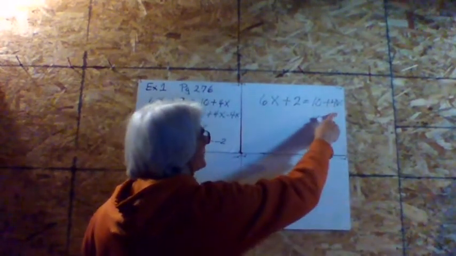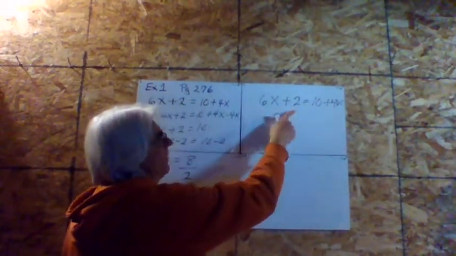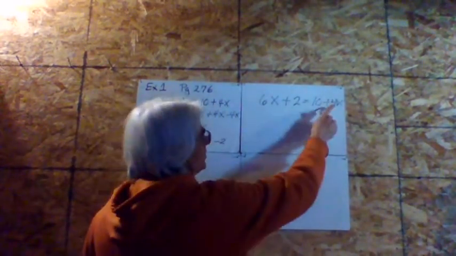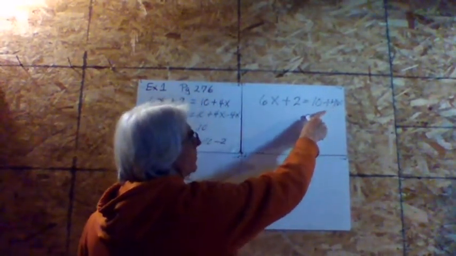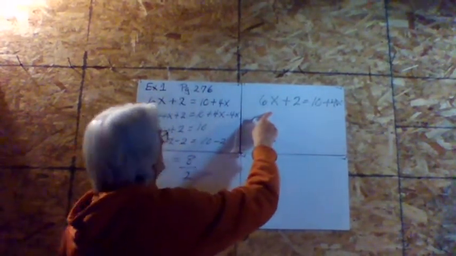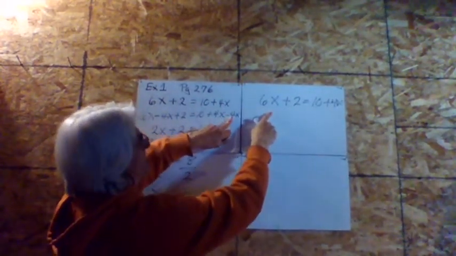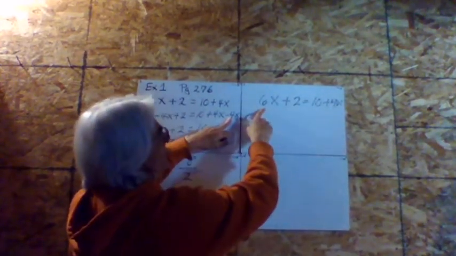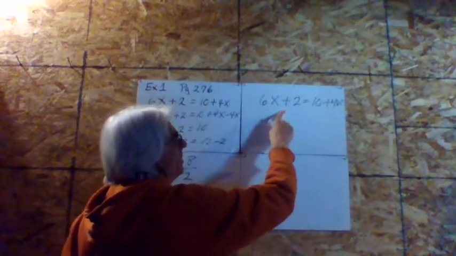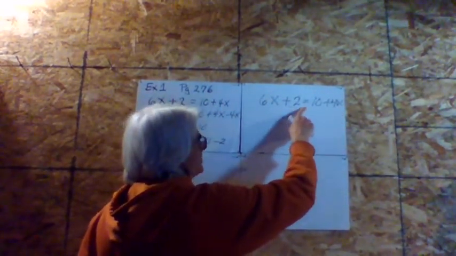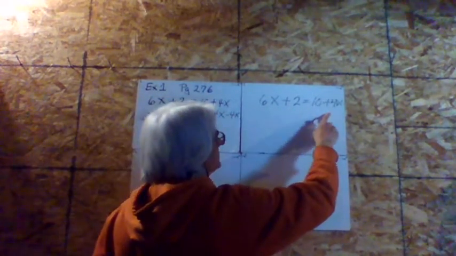I want that 4x over here with that 6x. I want that 2 over there with that 10. When that 4x crosses the equal sign, it becomes a minus. Remember, that's what we did over here. We subtracted 4x. So I just move it over and say it'll be a minus. The plus 2, I'm going to move over to the right-hand side. When it crosses the equal sign, it becomes a minus 2.